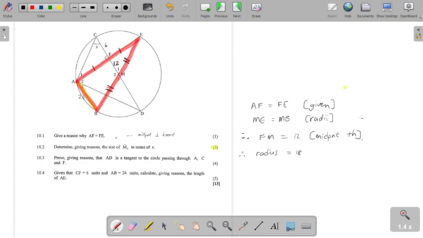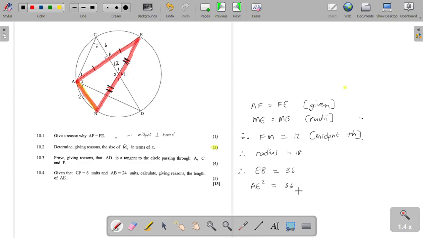Okay, van daar af kan ek nou sê dat EB gelyk moet wees aan 36, because remember, if those two are radii and each of them are 18, then the diameter of the circle will be equal to 36. Okay, so now I'm going to say AE, so ek is nog steeds in daai groot driehoek.